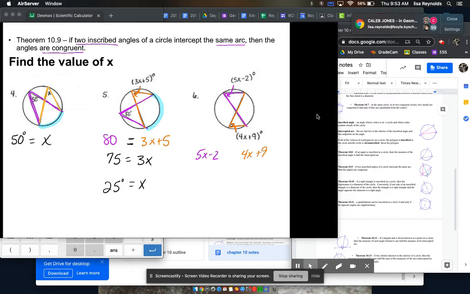And since they have the same intercepted arc, these two are going to be equal. So when we solve, we're going to subtract the 4x to get the x's, and we're going to add the 2 to get our constants on the same side. So this is going to be x equals 11 degrees.